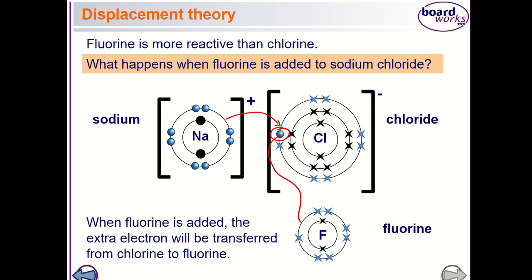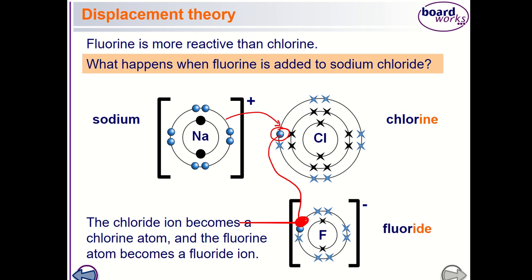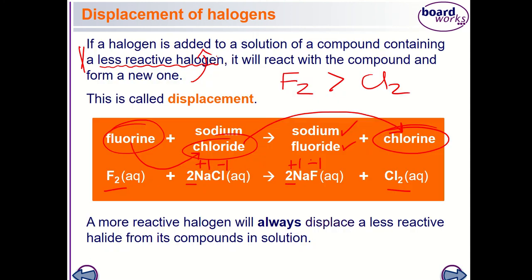So it takes that electron away from the chloride, and it now forms F-1, the fluoride. This electron has now gone, the charge has now gone to 0, and I now have chlorine. So I went from sodium chloride plus fluorine to sodium fluoride plus chlorine, which is just what I had in my equation back on this slide.